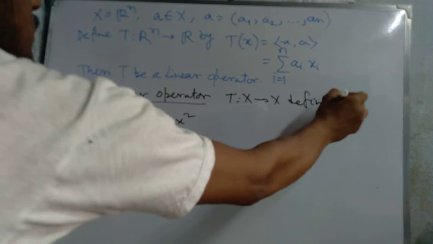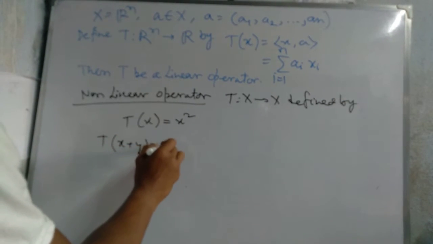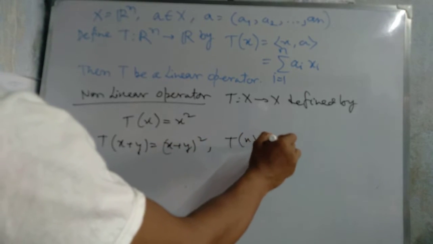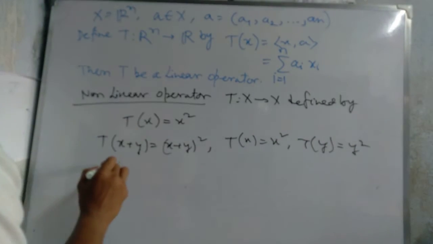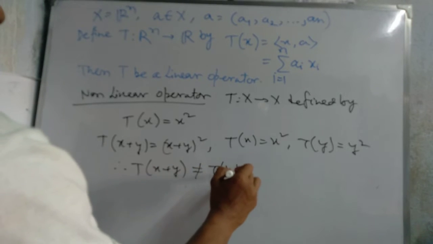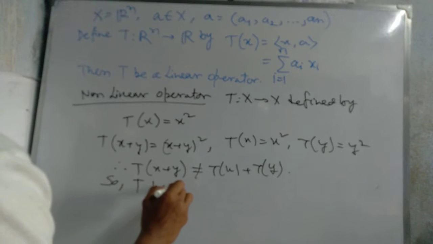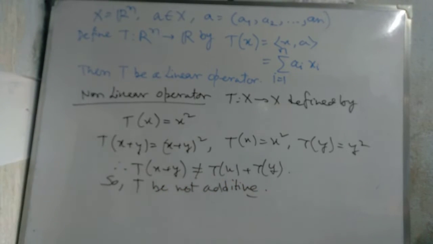Then T of x plus y equals x plus y whole square, while Tx equals x square and Ty equals y square. Then T of x plus y does not equal Tx plus Ty. So T is not additive. Then T is not linear.